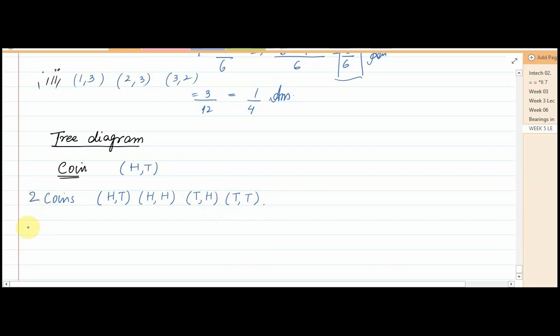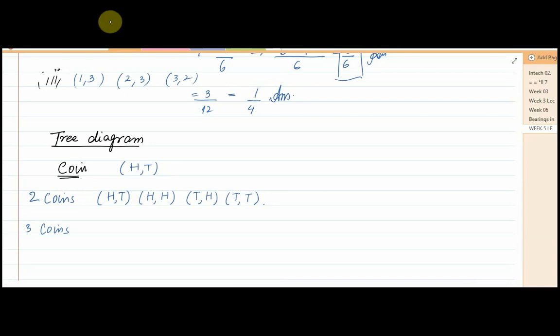Similarly, if I ask you the question, what is the sample space of 3 coins, 90% of students say that it will be 6, and I know that you have thought the same, right? No, if you have 3 coins the result is not 6.